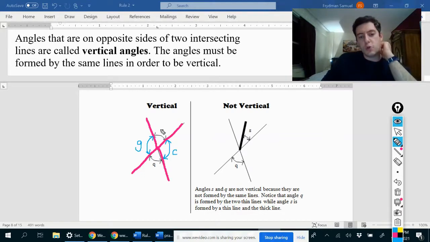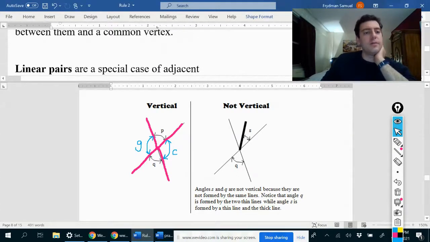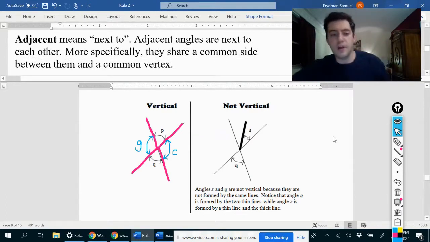What else? So which pairs of angles would be adjacent here? Even though we're really talking about vertical now, let's just quickly go back to adjacent: sharing a common side and a common vertex. G and P share this common side and this common vertex, so G and P would be adjacent but not vertical.